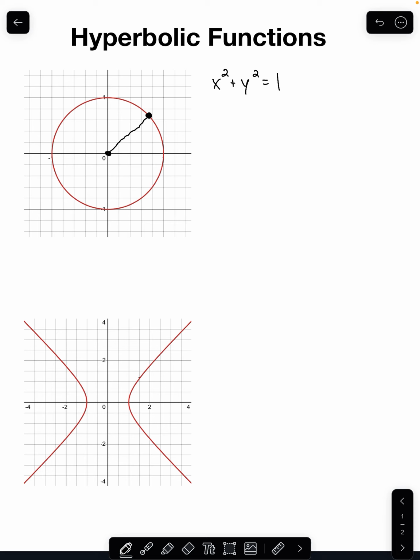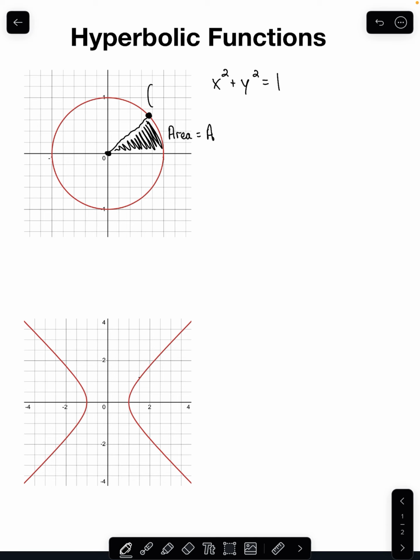Another way to think of this is not just the amount of rotation, but depending on how far we rotate, we get an area, or we get a sector of the circle that has a given area. Rather than talk about the angle then, we can talk about the area of this region over which the angle rotates.